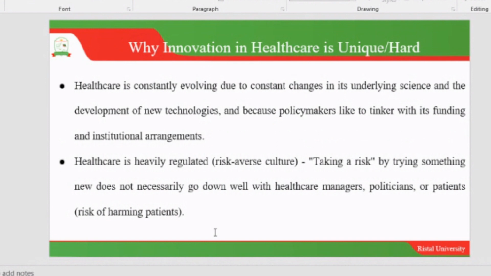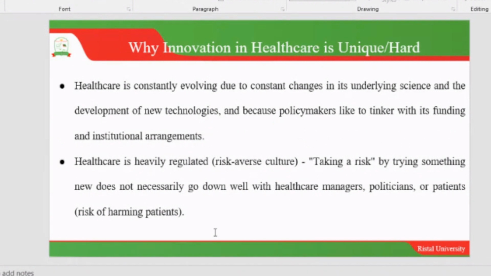So all these changes in the healthcare make it a bit complex, unique, and sometimes you can say it is hard. Then it is also heavily regulated, and that makes it risk averse, meaning that it is hard for any entrepreneur to take a risk and be guaranteed of making it, okay?